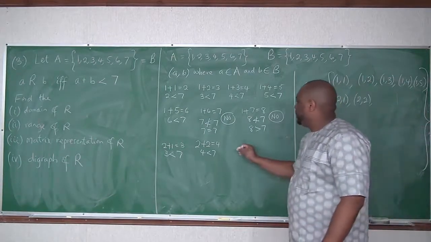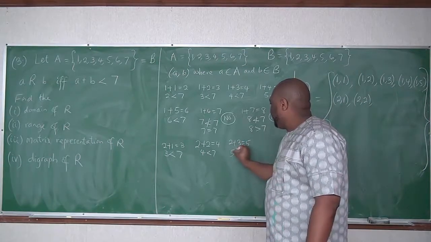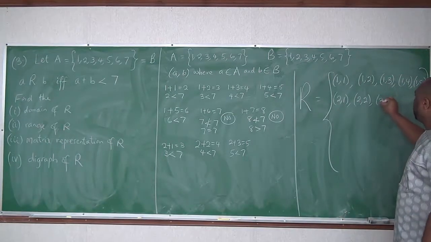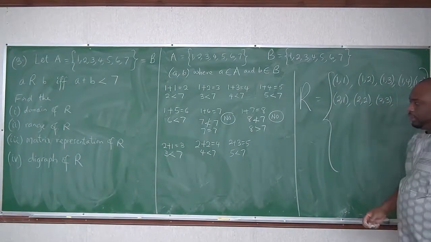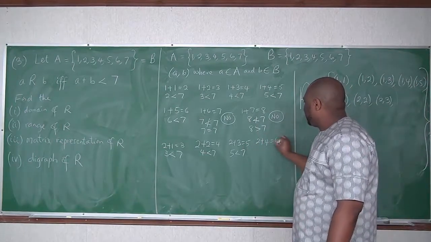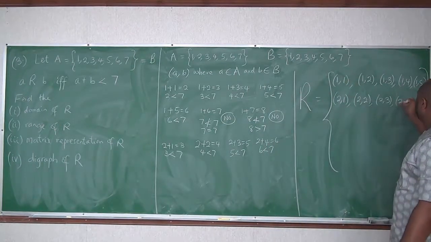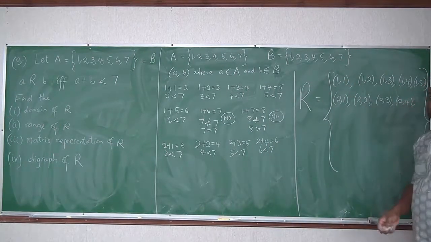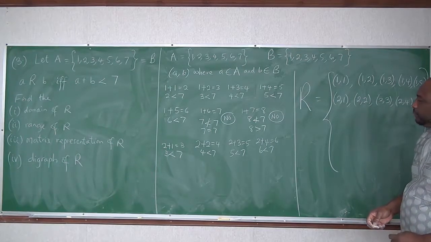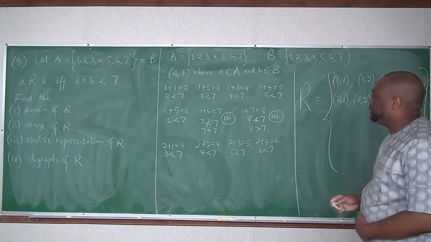Okay? 2 plus 3 is 5. 5 is less than 7. So 2 and 3 would work. 2 plus 4 is 6. 6 is less than 7. So 2 and 4 will work. Okay? 2 plus 5 is 7. Okay, let's not worry about that.